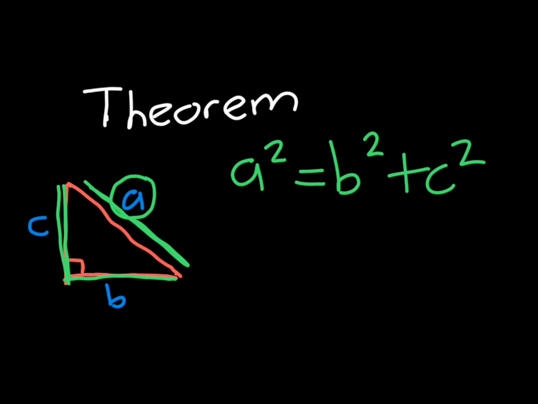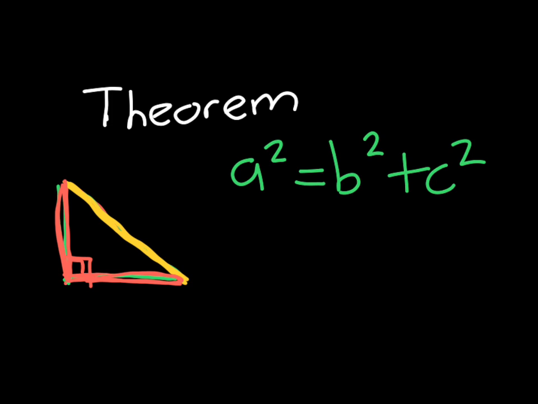Now, for this theorem to work, we need to remember that when we are summing the two other sides, that sum needs to equal the larger of the three sides. I've redrawn this triangle and I've indicated the larger of these three sides in yellow. Now, for any right-angled triangle, the largest side is always opposite the right angle.